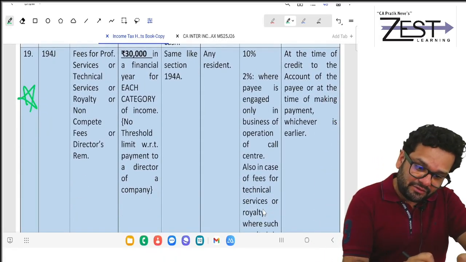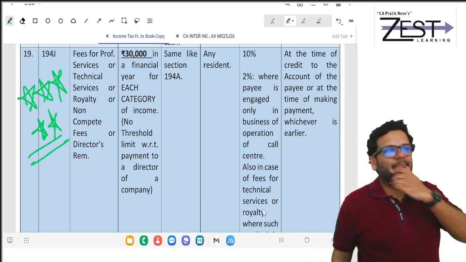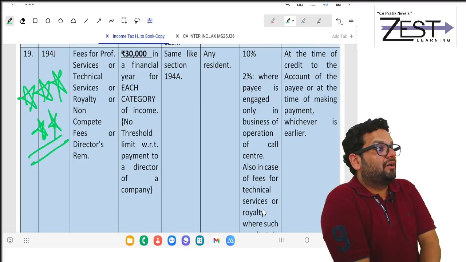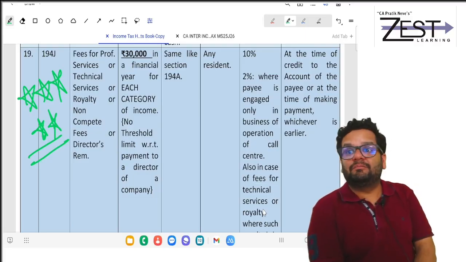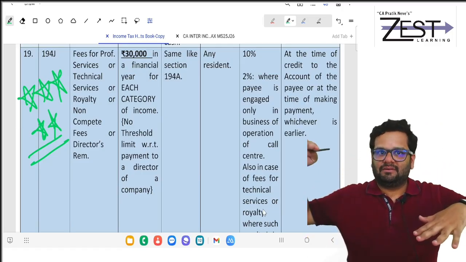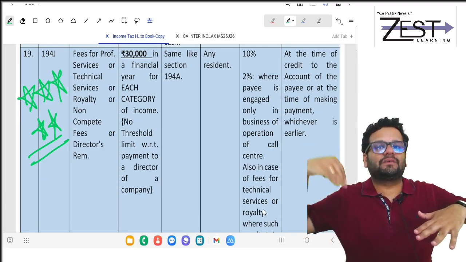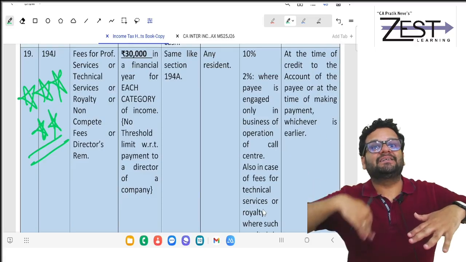J, again give 5 stars. I hope you understood why I came to J. Because all critical business payments I want to cover together. A, interest. C, contract payments. I, rent.